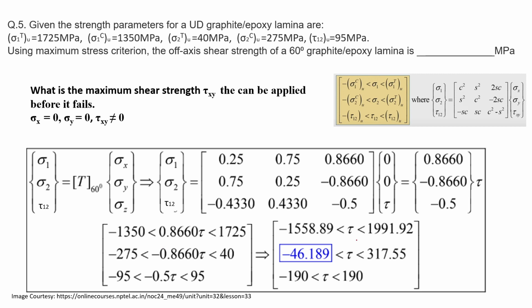Now for shear strength, again we have to find the lowest value. So for that we have chosen the highest value on the negative side.